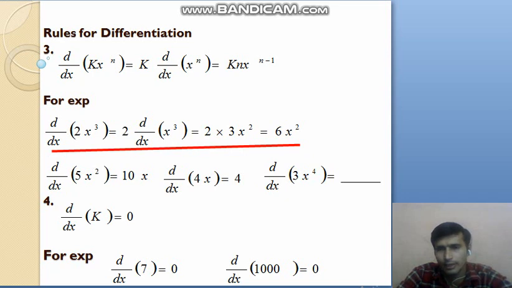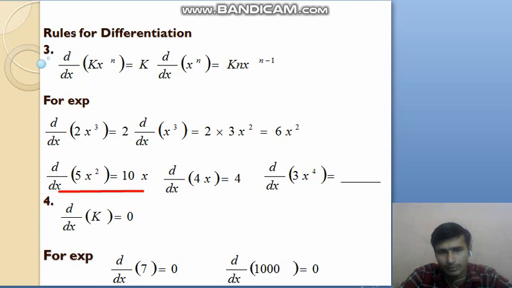So you get the answer 6x square. Another example, d by dx of 5x square, same, is equal to 10x. 5 constant, right, and the differentiation of x square is 2x, we get 10x.